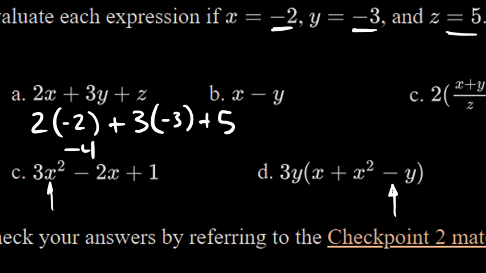And then plus 3 times negative 3 would be minus 9. And then plus 5. If I combine the negative 9 and the 5, I would get negative 4. And negative 4 minus 4 would be negative 8. So I'm pretty sure this is negative 8.